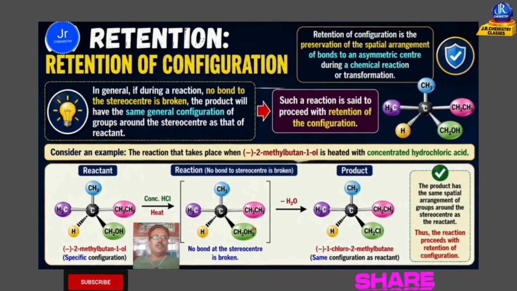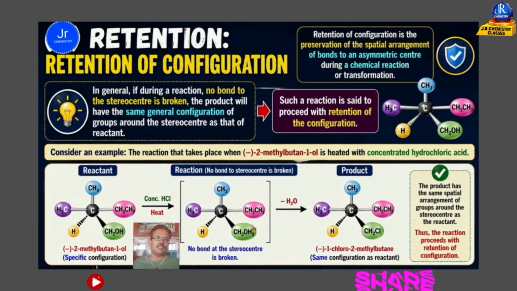In general, if during a reaction no bond to the stereocenter is broken, the product will have the same general configuration of groups around the stereocenter as that of the reactant. Such a reaction is said to proceed with retention of the configuration.